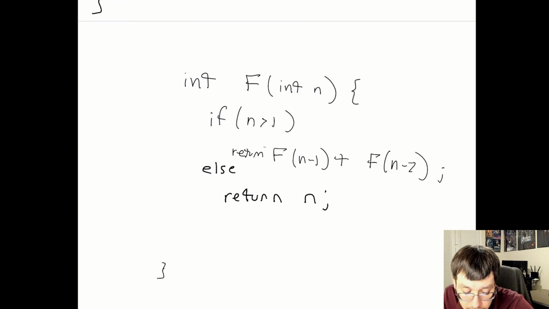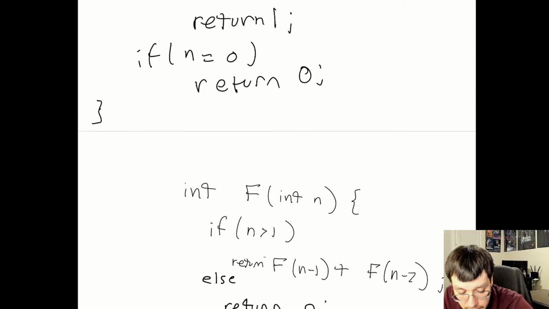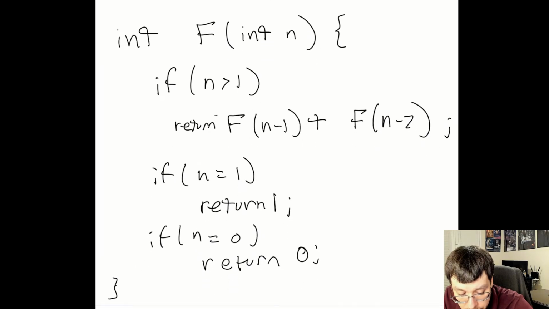The caveat with this is that if you pass it in a negative number, this thing will break. But then again, that's not meant to be part of the sequence. And that would also break here because you would get, not an error, but probably a warning at the very least.